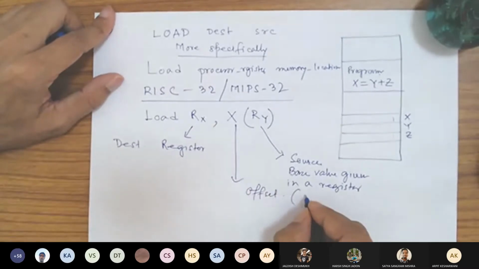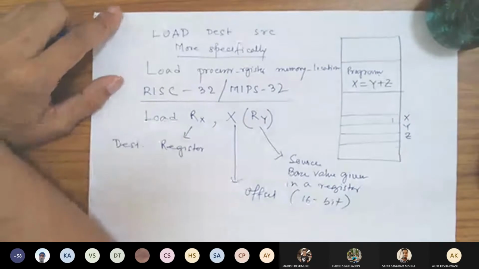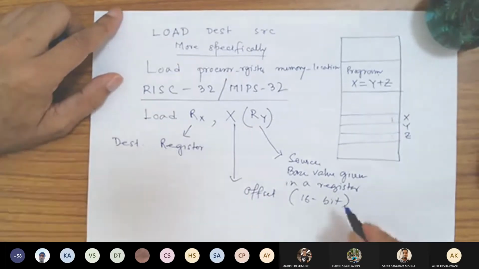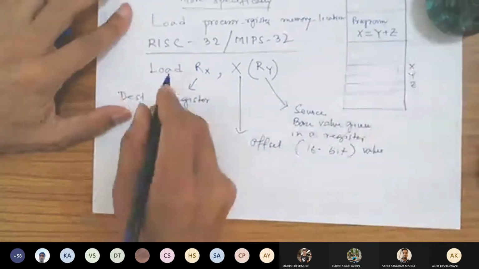It's a 16-bit offset actually, a 16-bit value explicitly given.